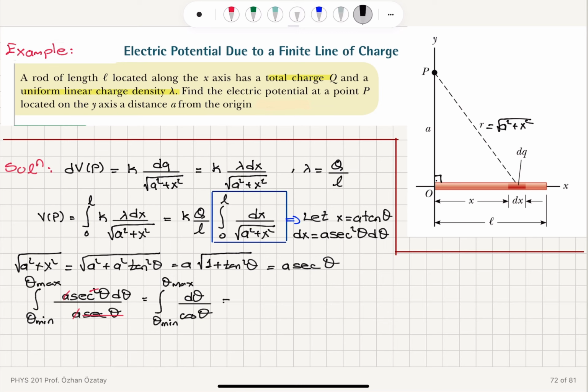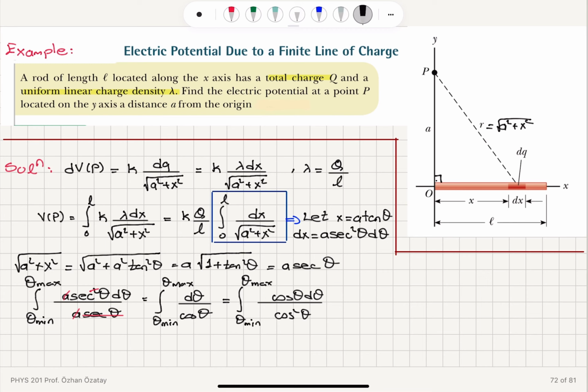In order to perform this integral, I'm going to multiply the top and bottom with cosine theta. This will become cosine theta d theta divided by cosine square theta.